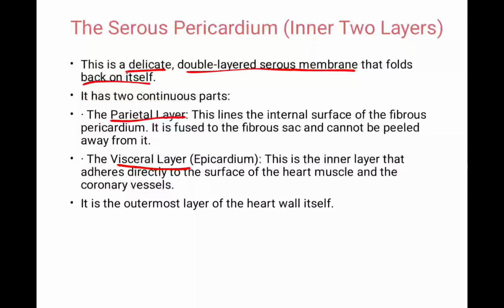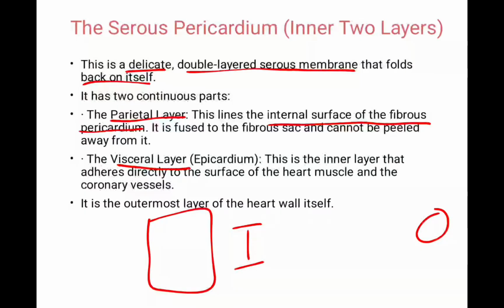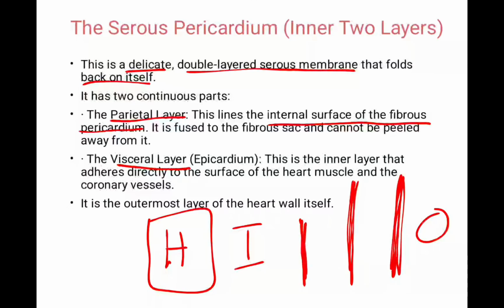The parietal layer lines the internal surface of the fibrous pericardium. Let's say this is our outside and this is our inside. This is where we have our heart, and this is where we have the pericardium. So this here is the fibrous pericardium, this here is the parietal layer of the serous pericardium, and this here is the visceral layer of the serous pericardium.